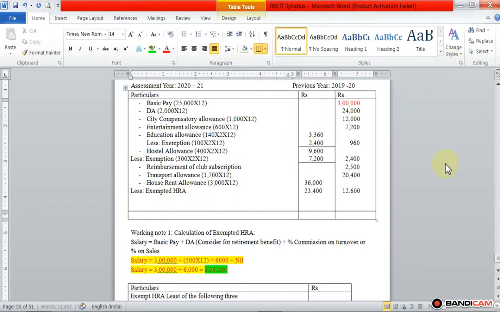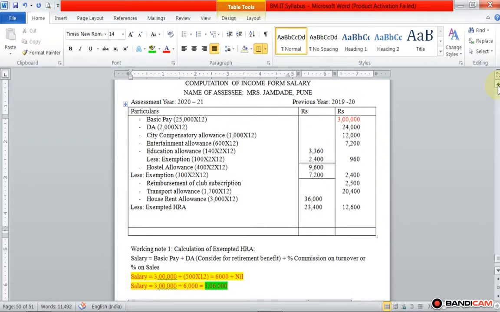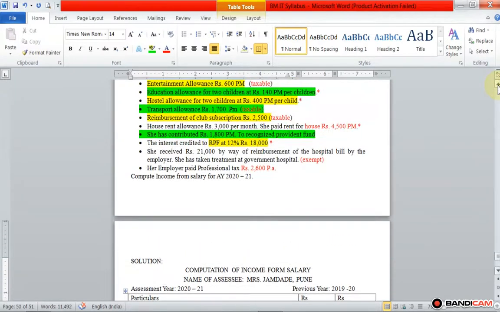Then the next one is contribution. The employee's contribution is not taken into consideration in gross salary, but the employer's contribution is taken into consideration. So this is for your confusion. Then the interest credited to the RPF is rupees 18,000 at 12%.